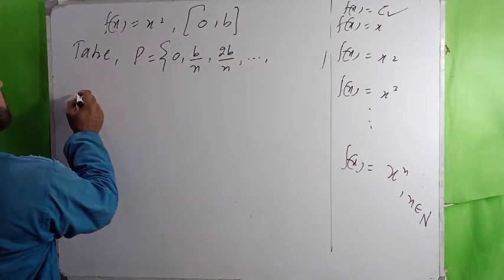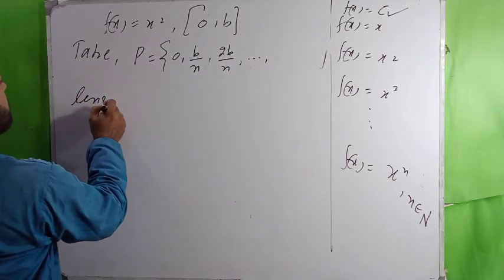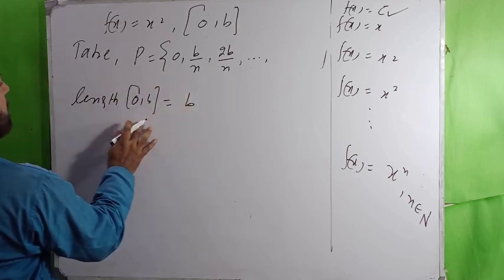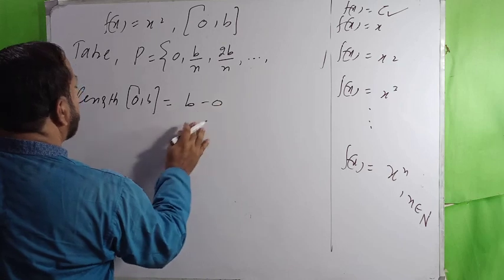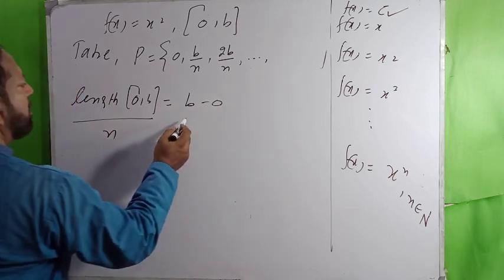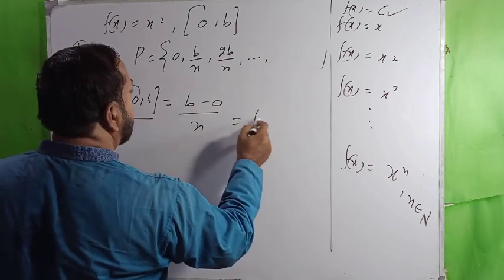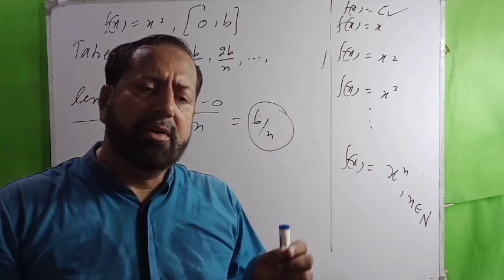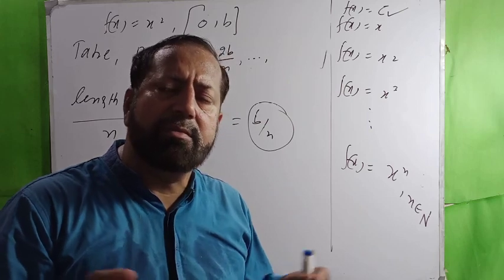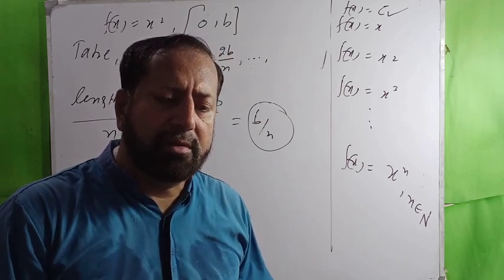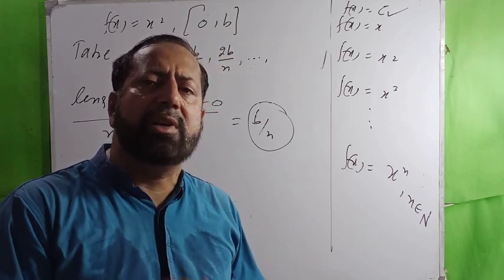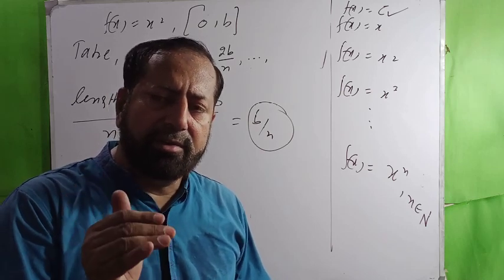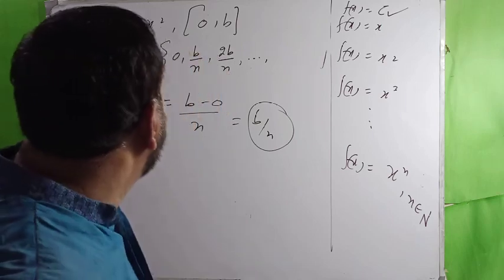The length of 0 to b is b, which is b minus 0, and if I divide this length by n, this is b by n. So b by n is your constant value, because I want to keep a constant distance between any two points of the partition, so that the length of your subintervals remains constant. Okay, so this is the idea.